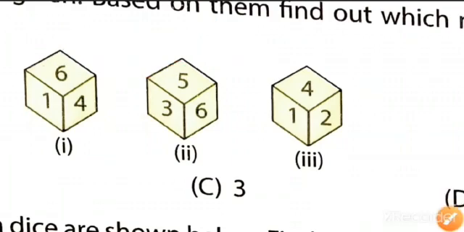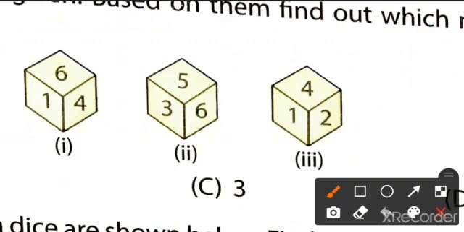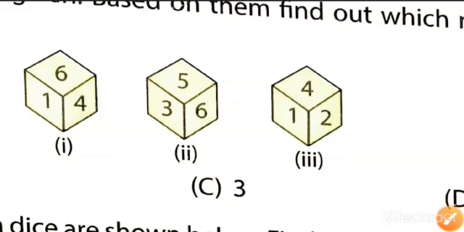Because in the standard dice, the sum of the opposite faces should be 7, and the sum of the adjacent faces should not be equal to 7, but in the general dice it can be. So we will follow the rule of general dice.